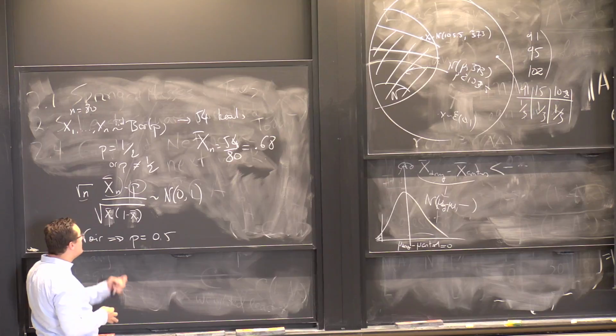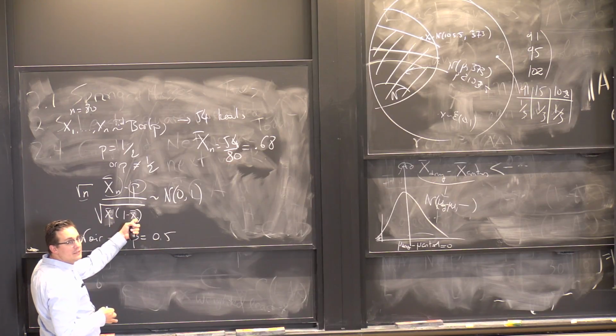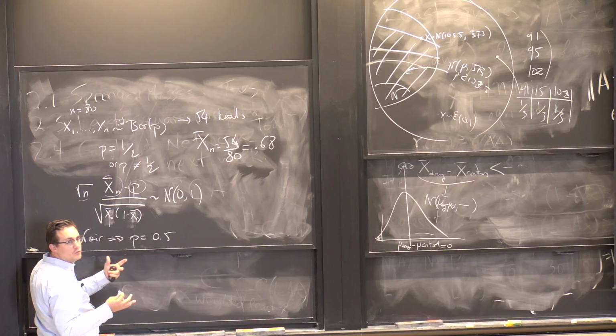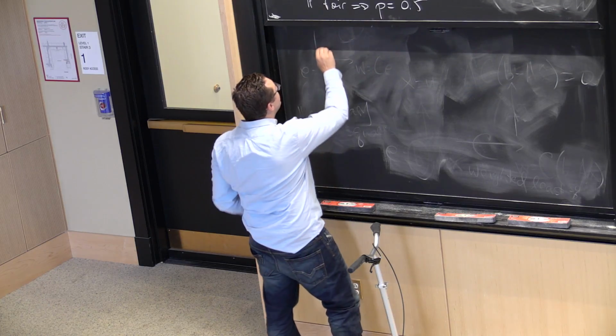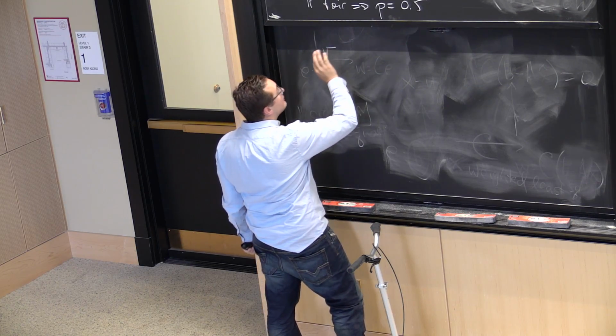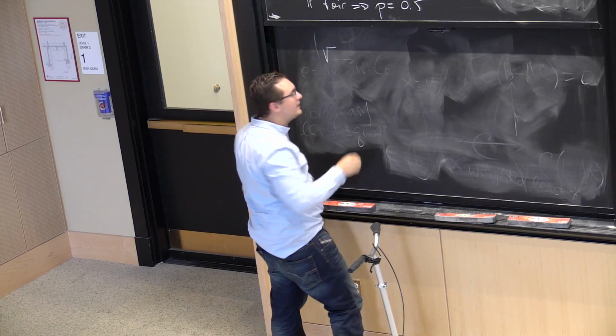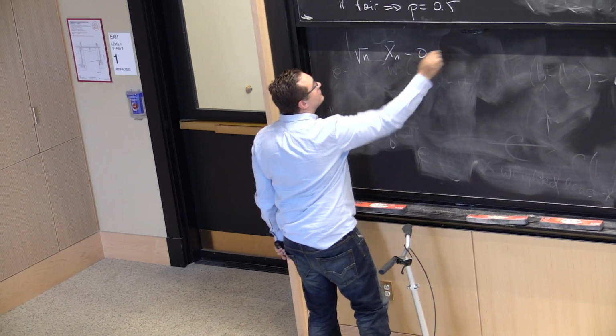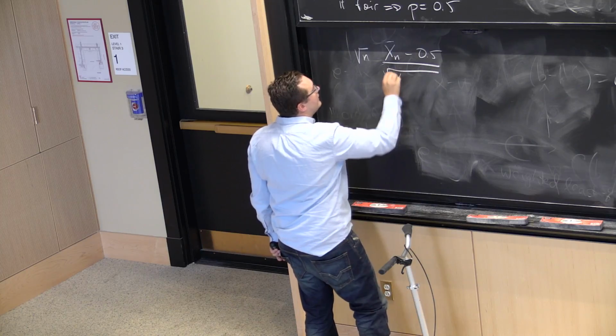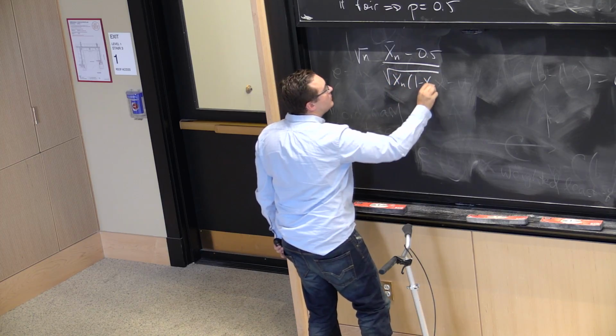Now your question is, why do I not plug in p to be 0.5? But you can. I just want to make you plug in p at one specific point, but you're absolutely right. Let's forget about your question for 1 second. So now I'm going to have to look at xn bar minus 0.5 divided by square root of xn bar(1 minus xn bar).